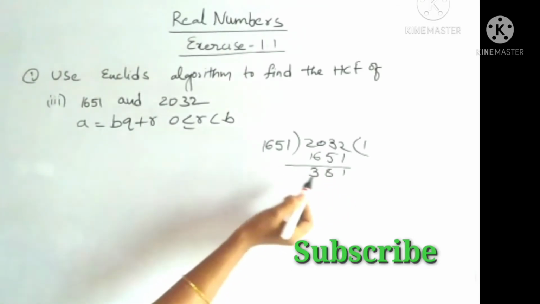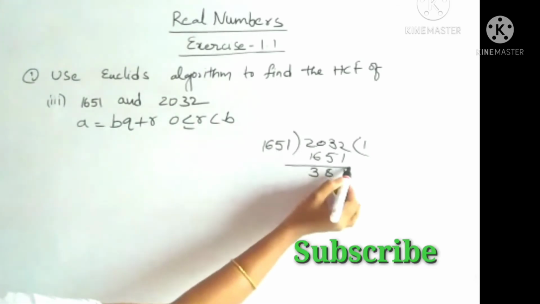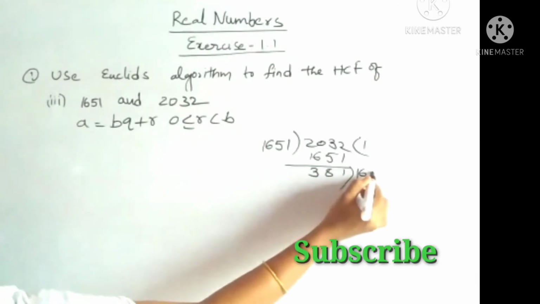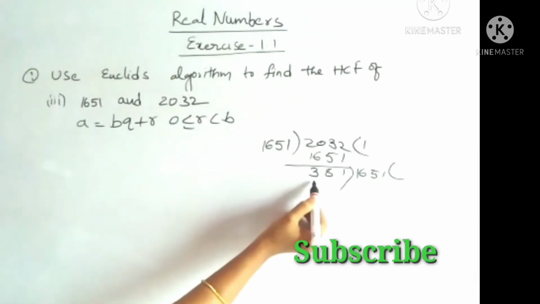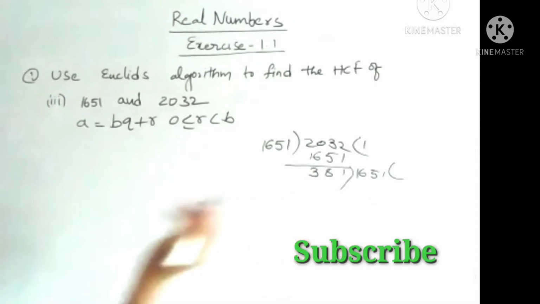So again, continuous division method. We should divide 1651 by 381.